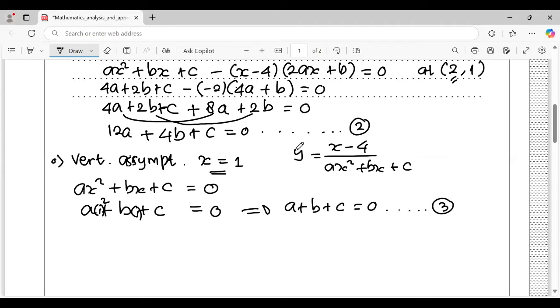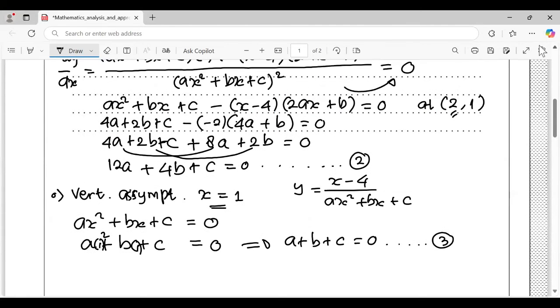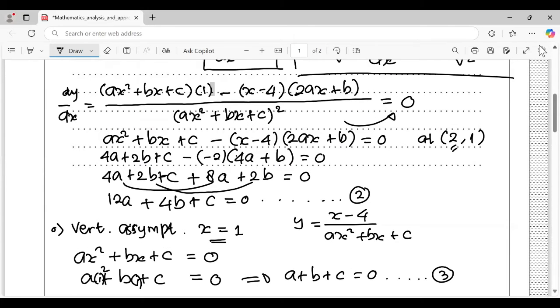Now, through the first equation, second equation, and third equation, we can determine the values of a, b, and c.